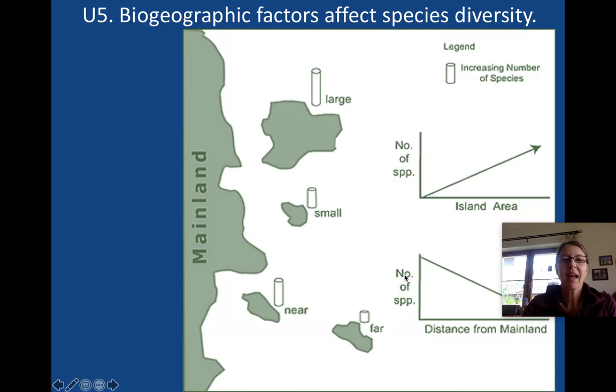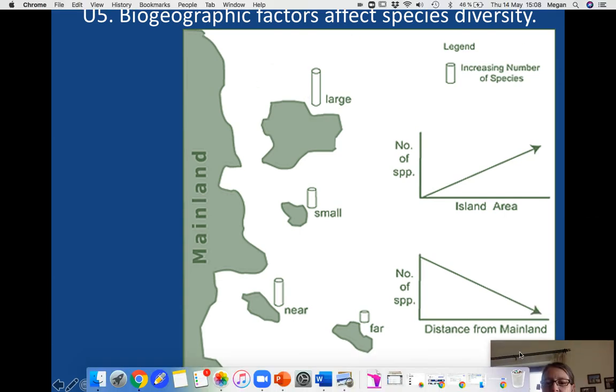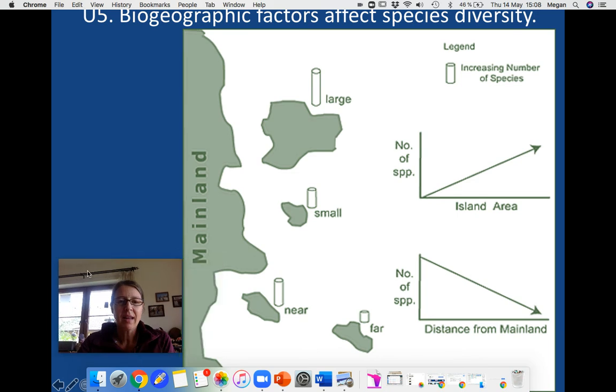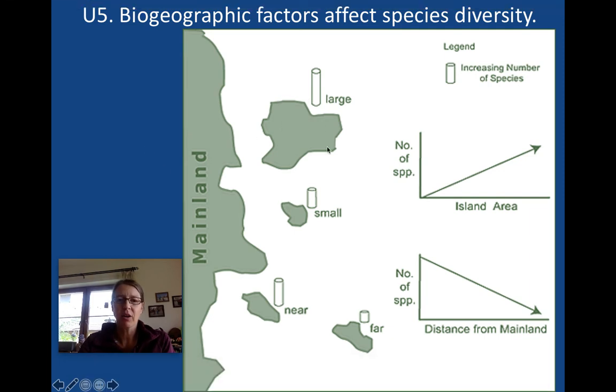All right. And the last thing that I'm going to talk to you about is biogeographic factors that can affect species diversity. And what that means is that you find more biodiversity, this is kind of called island biogeography.